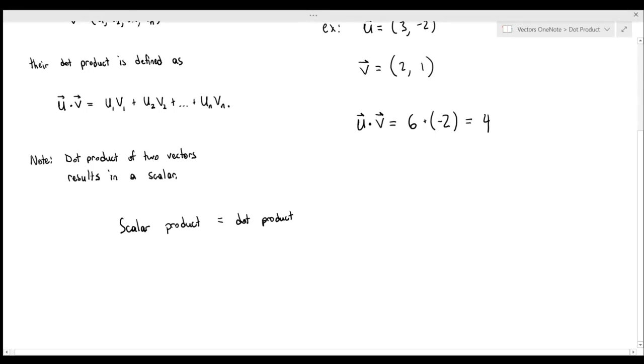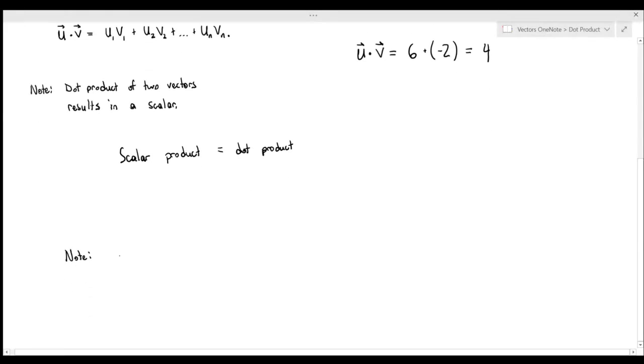One thing that I want to note right now is if I take a vector and I dot it with itself. Okay. So the dot product of a vector with itself, that would be its first component squared, and then plus its second component squared, and so forth.